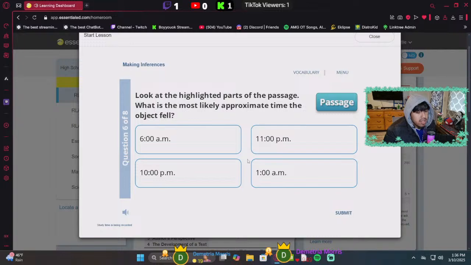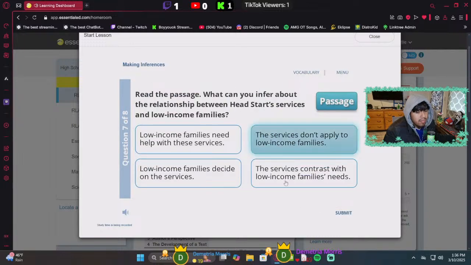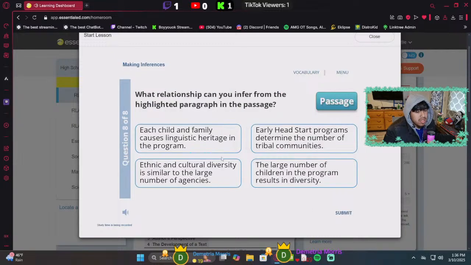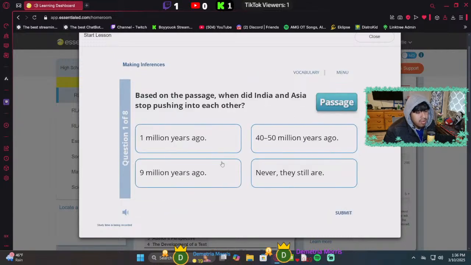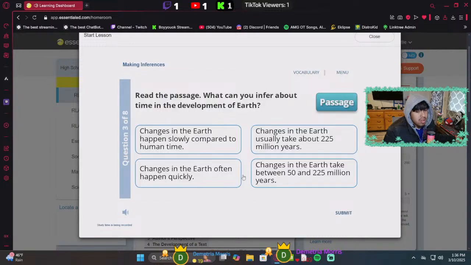Very fast. 1 a.m. These services. A lot of diversity. Never, they still are. Rock density. And human time.